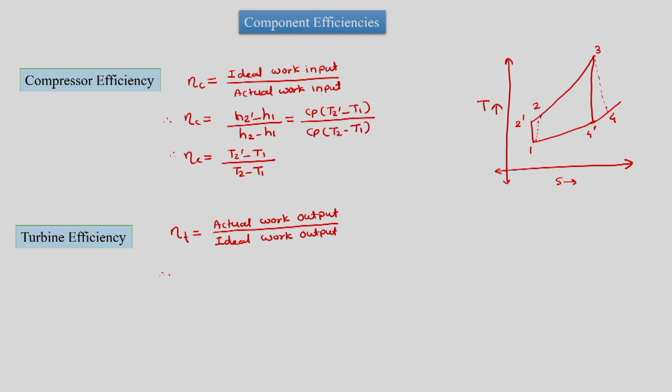So isentropic efficiency of turbine is basically H3 minus H4 divided by H3 minus H4 dash.